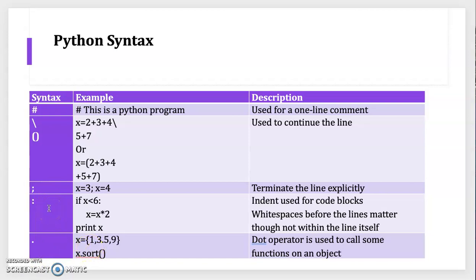For the colon, actually, indent is used for the code blocks. For example, we have the if statement. Then you will have your colon after the if statement. Then you will see how you will continue if that's true.